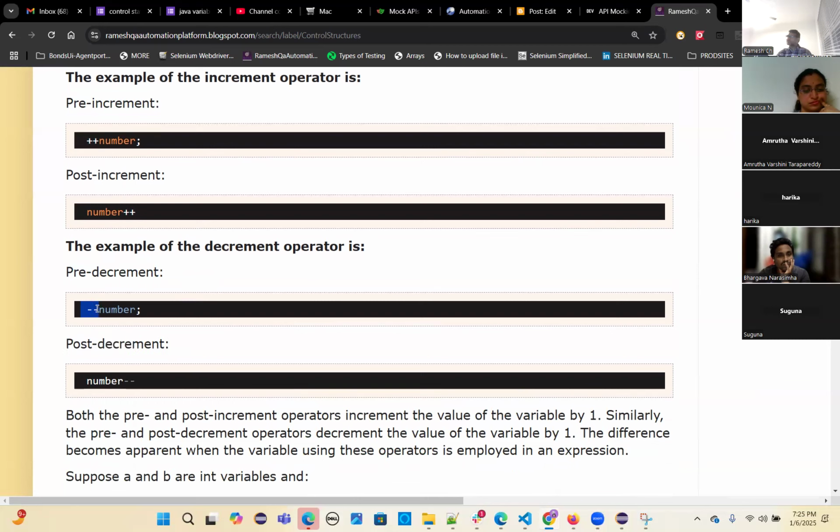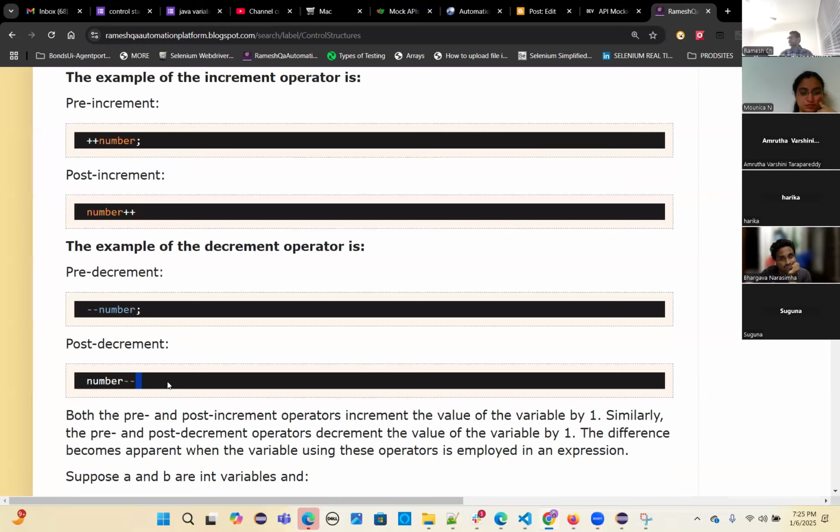Pre means the operator comes at the beginning, then the variable name. This is the pre-decrement. Post-decrement is first the variable, then the decrement operator. So these are the two types of operators we have.